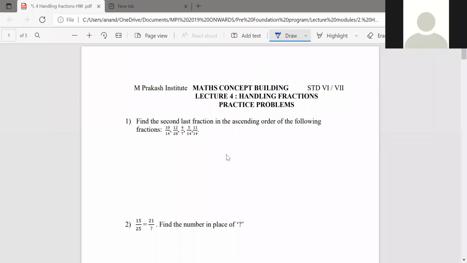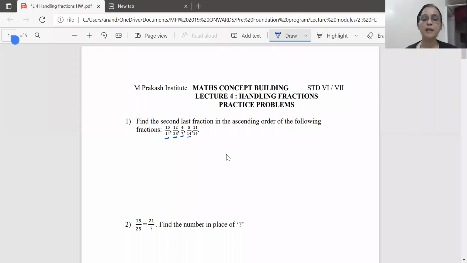Now when I observe these fractions, I look at the denominators, which are multiples of 7. I have choices here. I can convert all these to base 7.